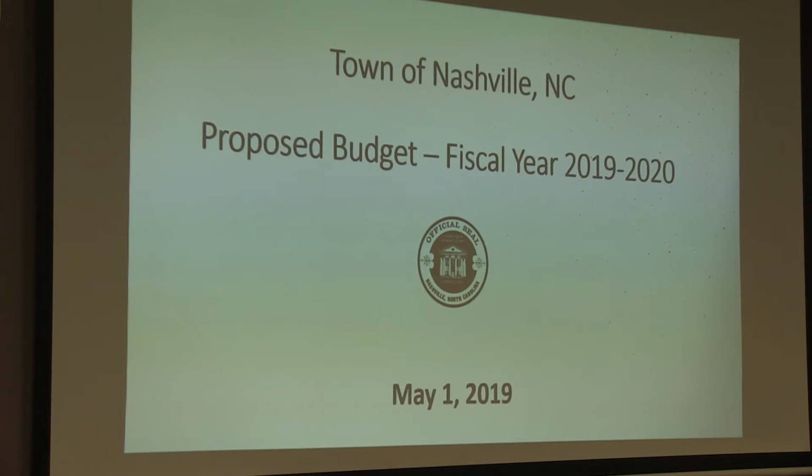We actually have individual listings of each department within the general fund and the enterprise fund, also the municipal service district. There's a section on human resources summary. It has every position listed by salary. Some other information, and then tab 5 is the capital improvements plan. Tab 6 is the line item detail.